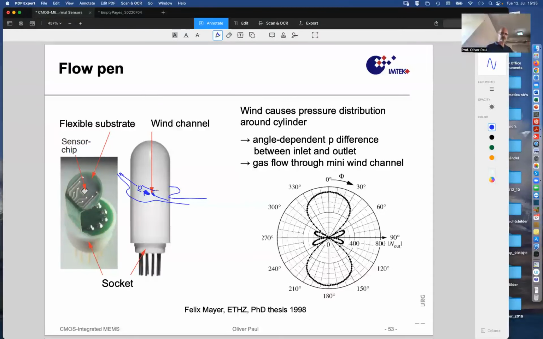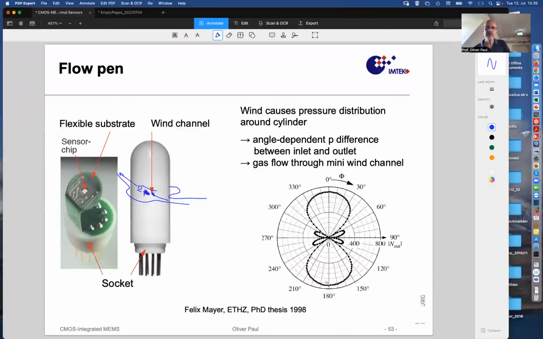And then he thought, okay, what will happen if I rotate my structure? Obviously, if I'm perpendicular to the wind direction, I should measure nothing, because both holes are equally likely to collect wind, and so nothing will flow through. And if I rotate by 180 degrees, I should have the flow in the opposite direction. And so we were surprised to see the response.